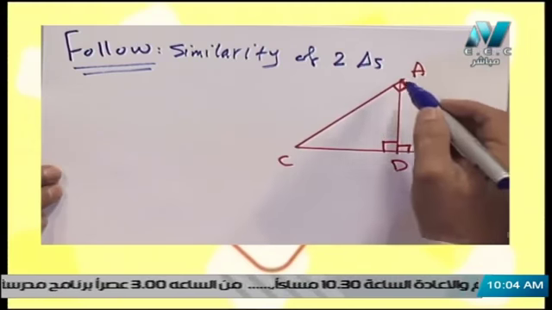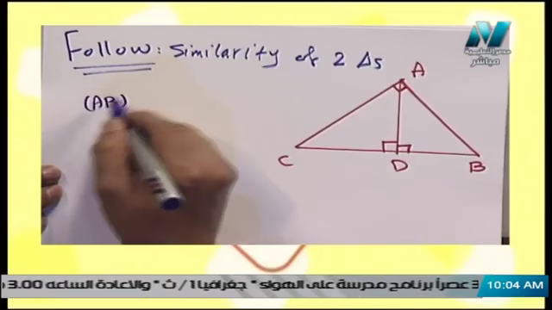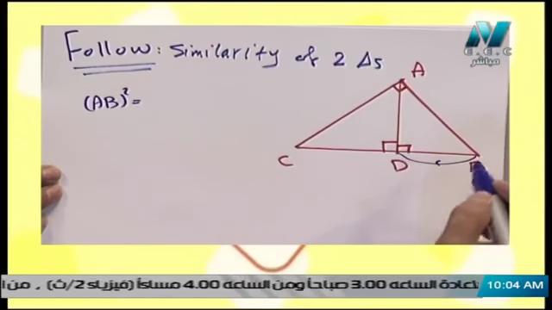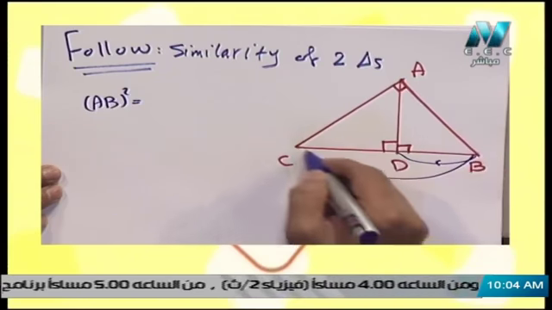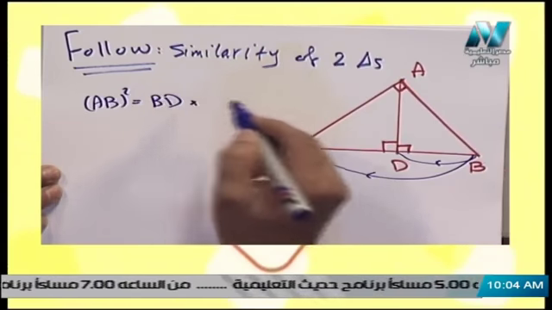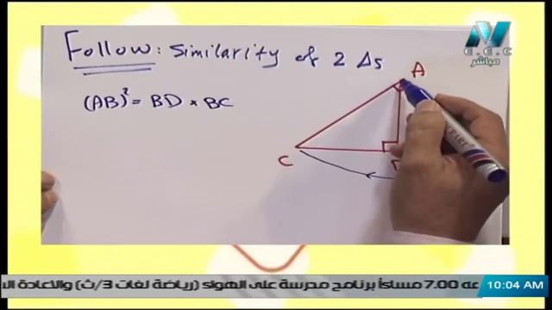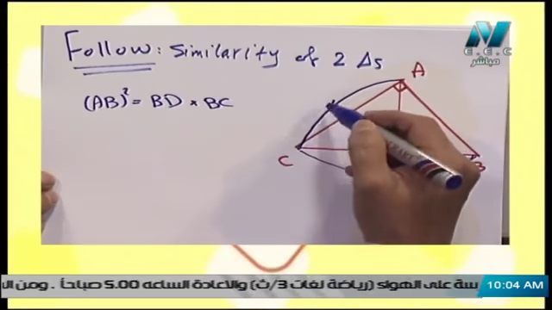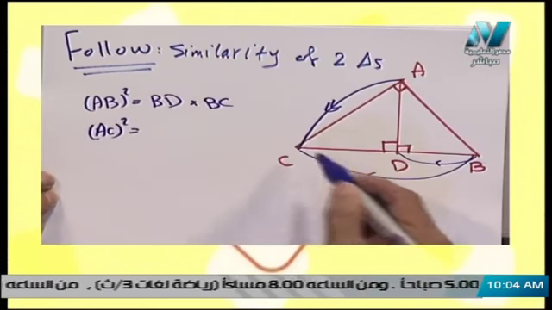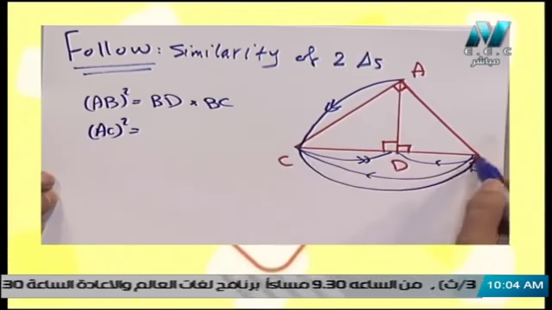We have AB power 2 equals BD multiplied by BC. And also we have AC power 2 equals CD multiplied by CB.